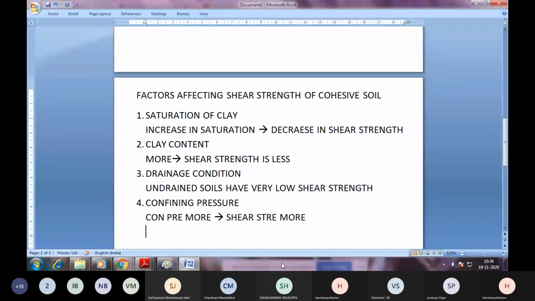But the shear strength of the clay increases with increase in confining pressure, provided there is enough time available for pore pressure to be dissipated. When you are applying pressure, the pressure is applied on the soil particles as well as the water present in the voids. The pressure applied on the water present in the voids is called pore water pressure. Now, if this pore water pressure is allowed to dissipate, then the more the confining pressure, the more will be shear strength.